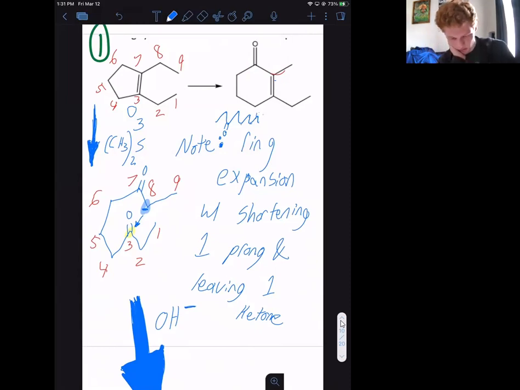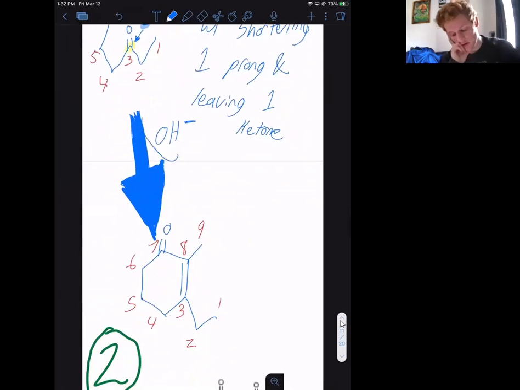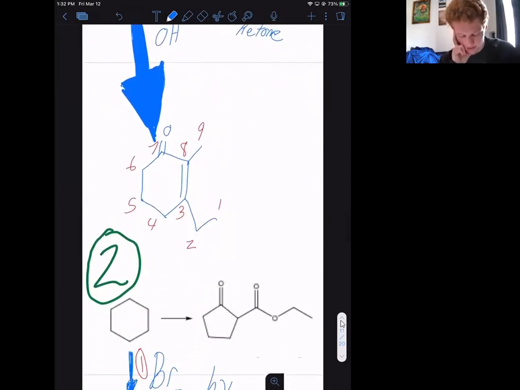I don't think that's right. Here, because then this one's going to come back and punch. Yeah, that's right. So that's a better description of what it would really look like. And this one's an aldol, so we can just use OH and be done with that.